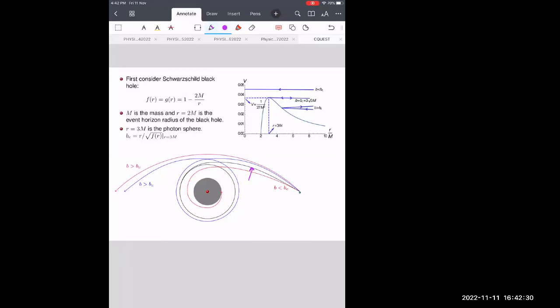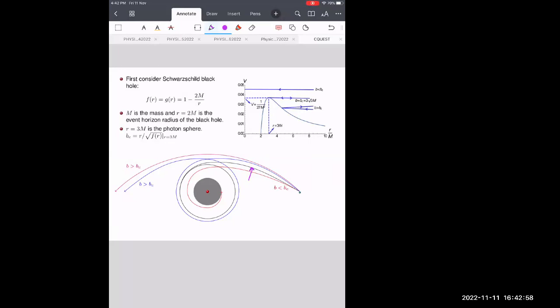Therefore these unstable orbits, which are located on this r equal to 3m surface, are also known as critical orbits. So the photon sphere acts as a boundary between all those photons which get captured by the event horizon or by the black hole, and all those which escape to a faraway observer.